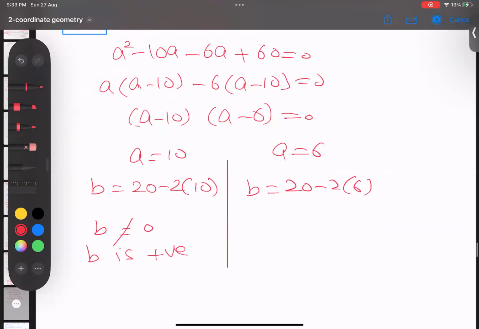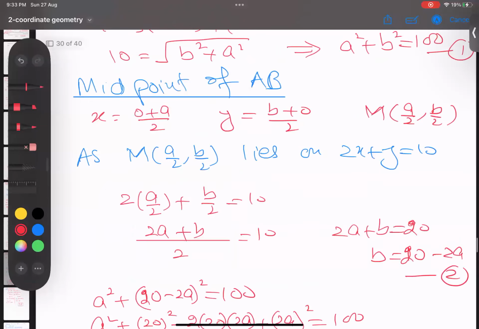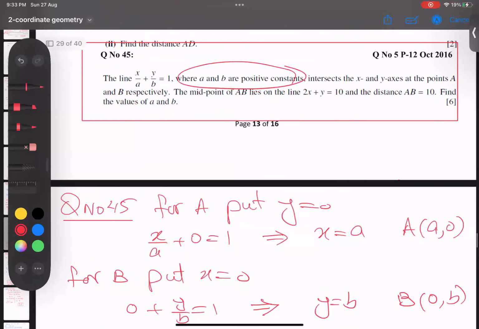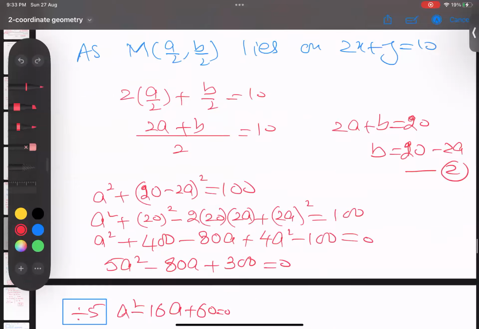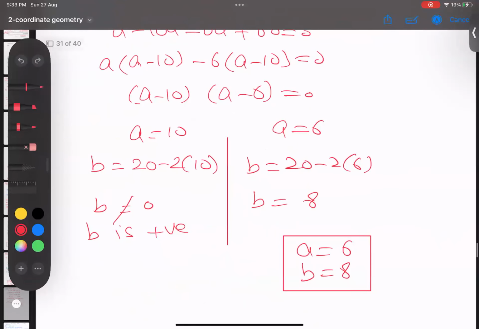So I can't take 0, because b is not positive and not negative. So ignore it. This a equals 10, b equals 0 is gone. And for the other, 20 minus 12, I get 8. So we have, alhamdulillah, a equals 6 and b equals 8 as the final answers, because he said a and b are positive constants. So alhamdulillah rabbil alameen, I believe the question is completely clear.